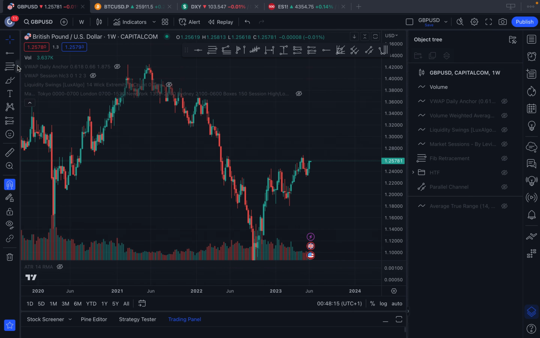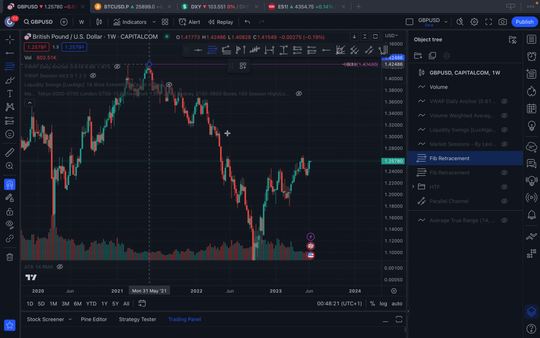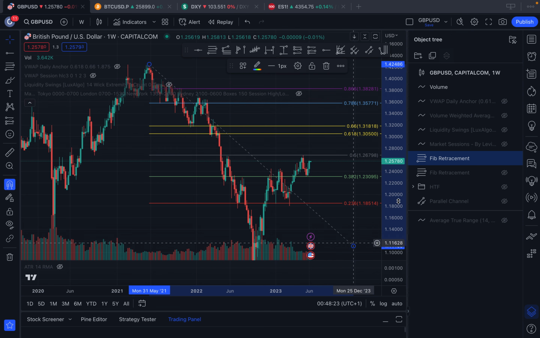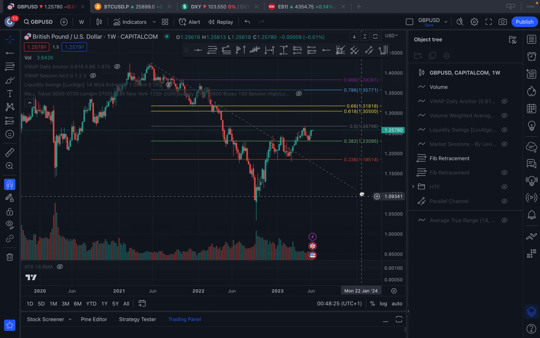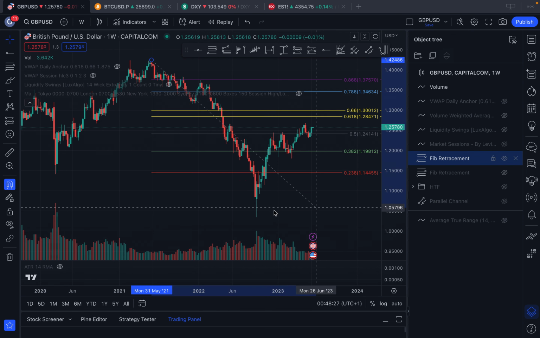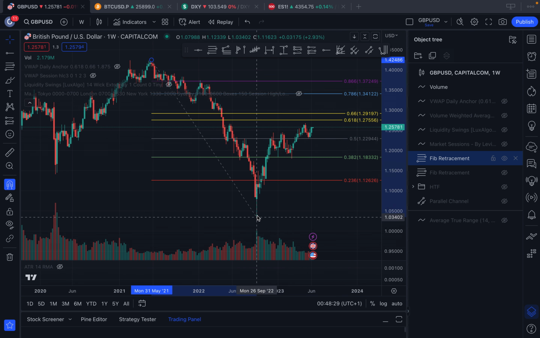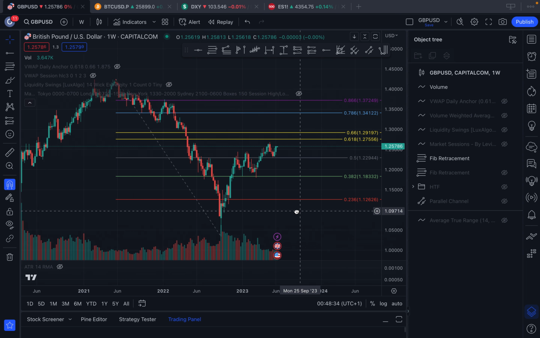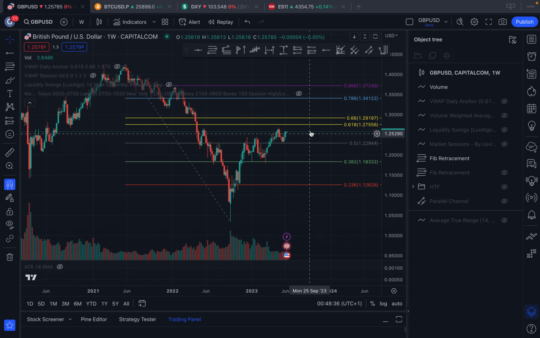So let's go for the high of, this is 31st of May 2021. Let's go all the way down to the low of September 2022. And again, you can see we are coming up to high time frame resistance.